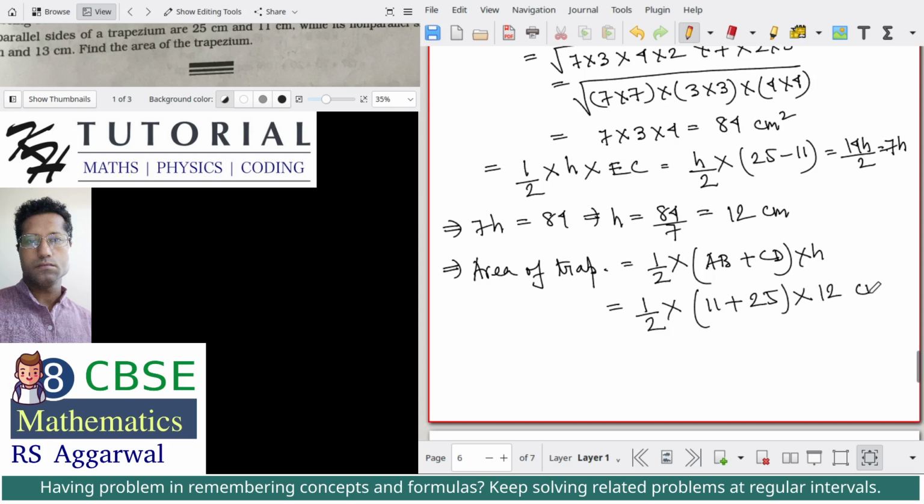So this much centimeter square. This is 36 multiplied by 12 divided by 6 centimeter square, and this is 72 centimeter square. So the area of the trapezium is 72 centimeter square, and my answer is wrong. Let me see what went wrong.